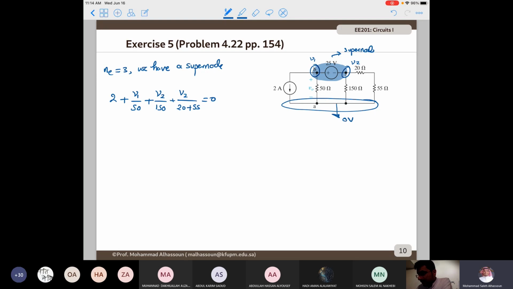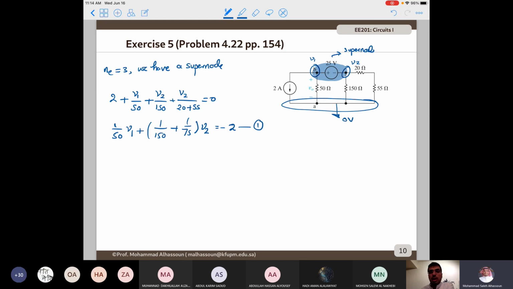If I simplify it, I will get 1 over 50 V1 plus 1 over 150 plus 1 over 175 V2 equals minus 2, and this is the first equation.